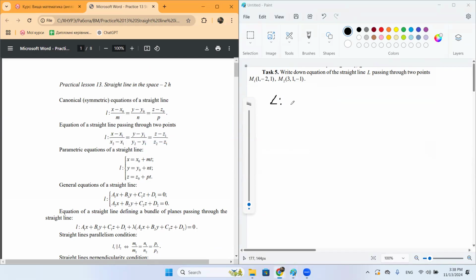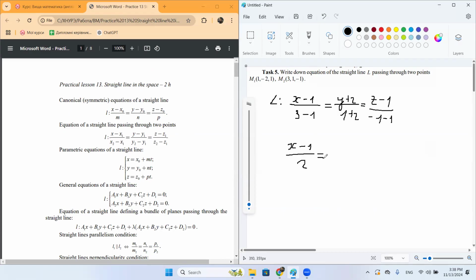We know coordinates of 2 points. So x -1 by 3 -1 equals y +2 by 1 +2. And it equals z -1 by -1 -1.